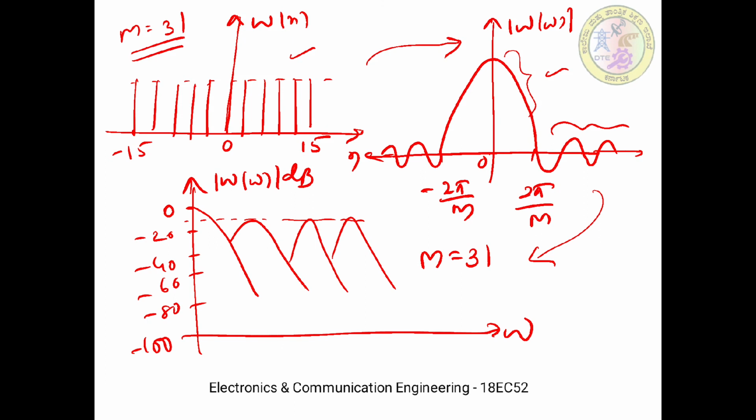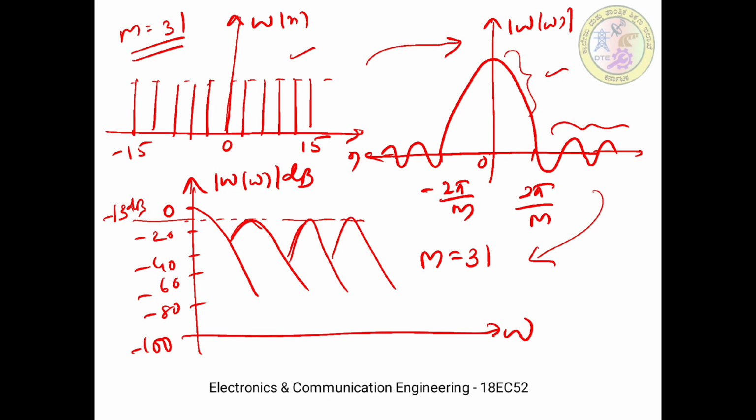The maximum side lobe magnitude is 22% of the main lobe, or minus 13 dB relative to the main lobe. So the side lobes in the rectangular window occur at minus 13 dB, or equal to 22% of the main lobe. Onwards from there we have the side lobes.